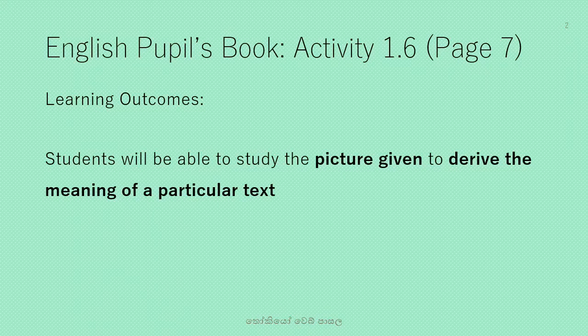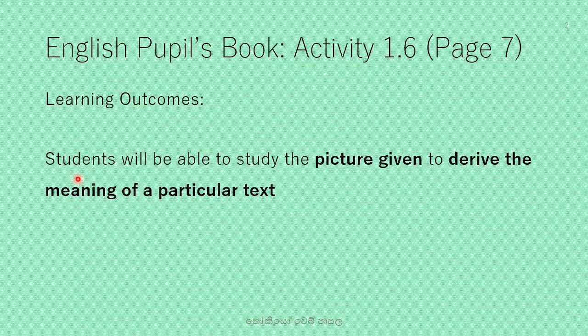So the first activity which we will be doing today is going to be the activity 1.6 in English Pupils book, which is on page 7. So you may turn to page 7 for the activity. As usual, let's look at what our outcome of this activity is.